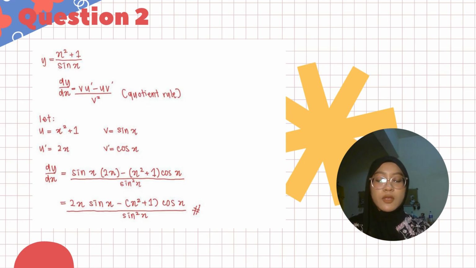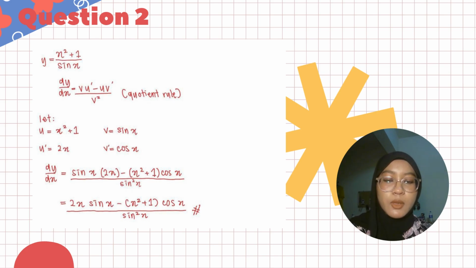Now we're going to plug all of this into the quotient rule equation just now, which will be dy/dx equals sine x times 2x minus (x squared plus 1) cos x over sine squared x.